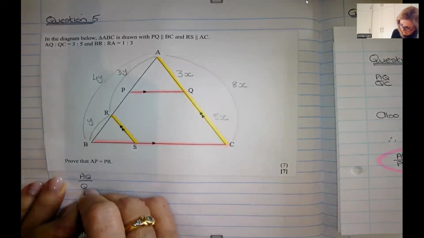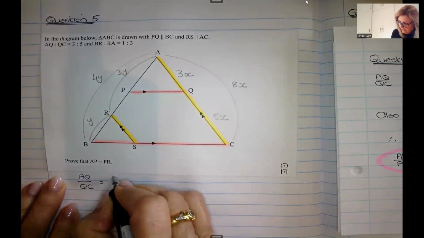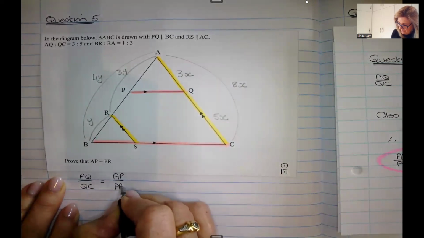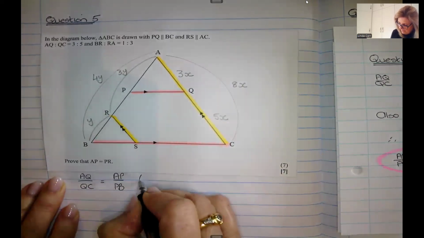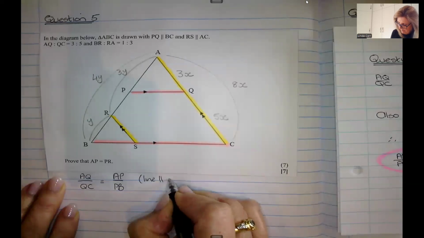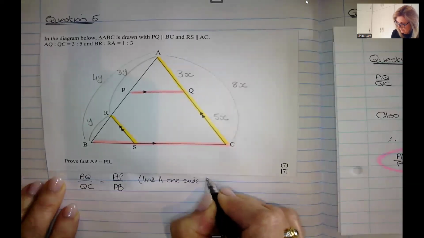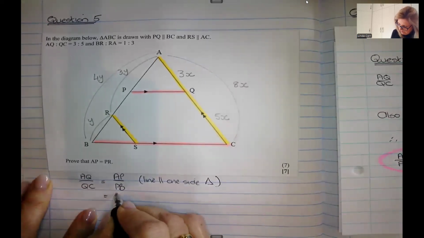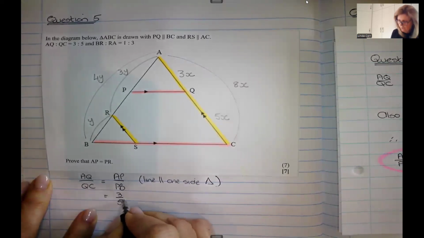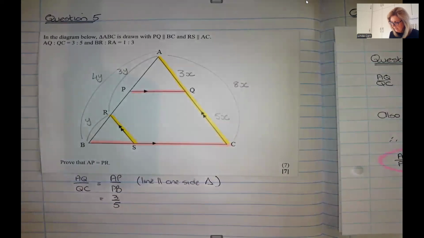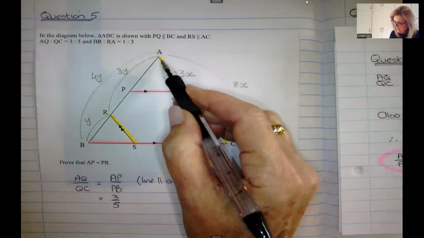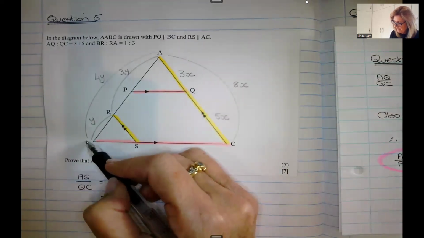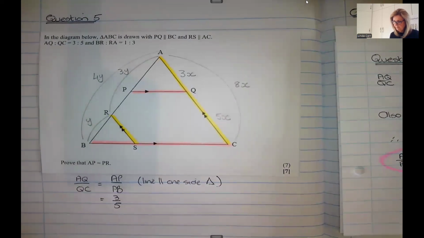AQ over QC is the same as AP over PB, and that is because of line parallel to one side of the triangle, or proportionality theorem, and that is the ratio 3:5. Okay, so I now know that AP to PB is 3:5.